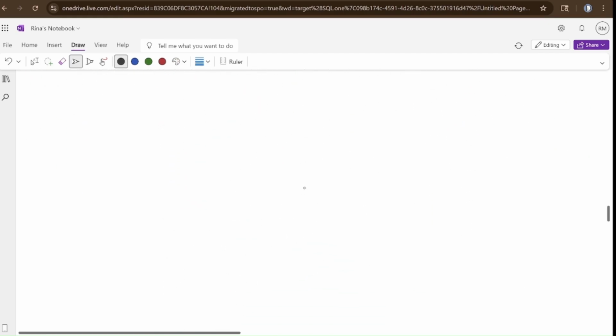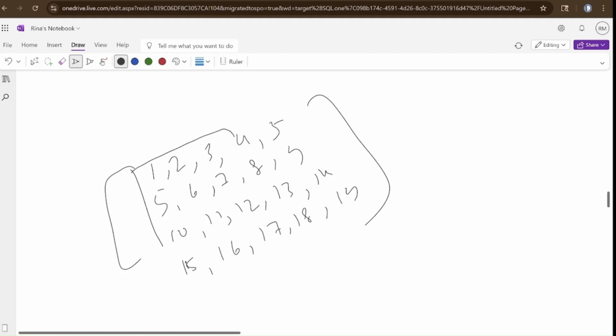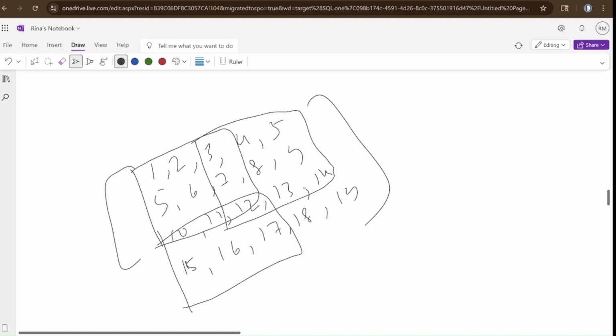If I tell you that I want to shift, let me just complete this. If I want to shift first this one, then I want to take this one. Again, while coming down, I want to take this one, and let's say one more is there.